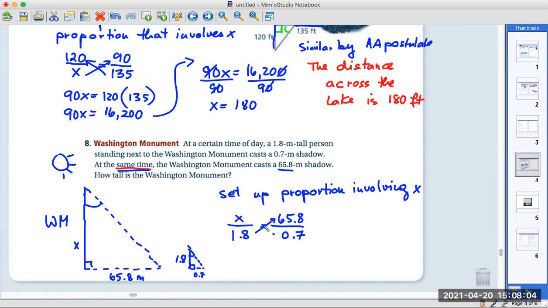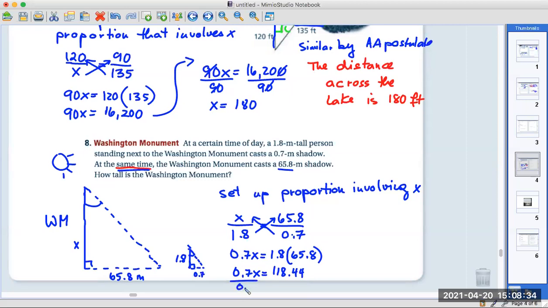Now cross product, x times 0.7 is simply 0.7x. And then use your calculator, 1.8 times 65.8. And when you multiply that, you will get 118.44, correct? And then you divide by 0.7. Use your calculator, there's a division problem.